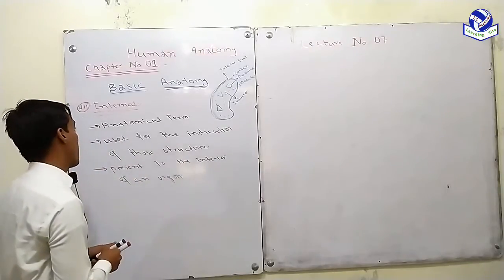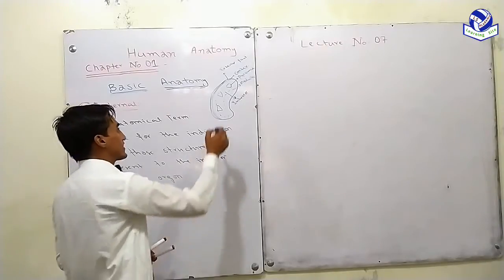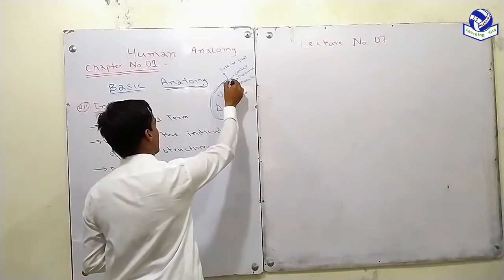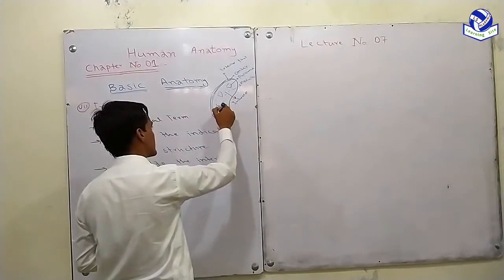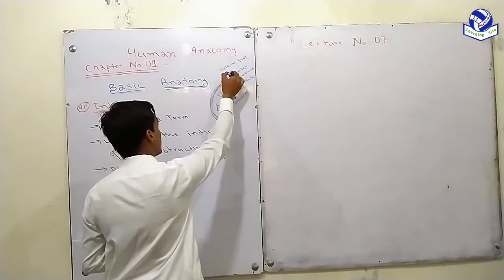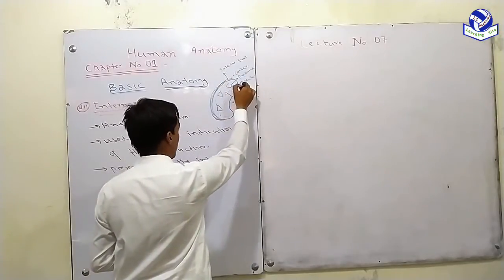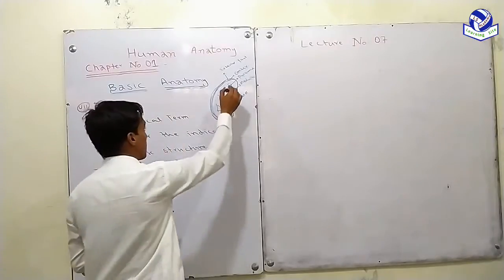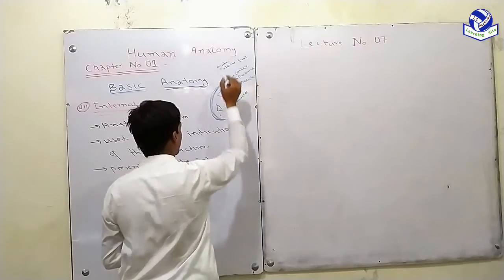For the explanation of the term internal, we draw an imaginary diagram of the human kidney. This is the diagram of the human kidney. This is the exterior part. This is the pyramid. This is the medulla.